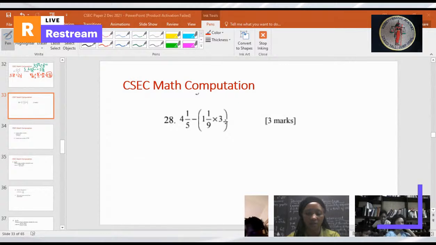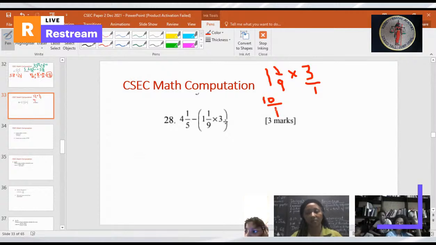Go ahead, John. Miss, you're going to first write the brackets, which is 1 and 1 over 9, times 3 over 1. So we work the bracket first. Miss, you're going to change the 1 and 1 over 9 to an improper fraction, which would give you 10 over 9, times 3 over 1.